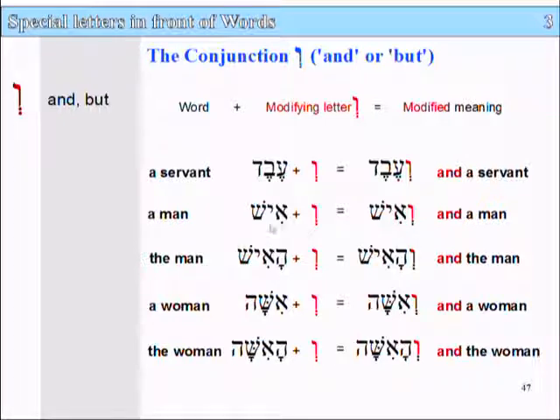So if we have the word ish and we add a Hey to it, it changes from a man, an indefinite word, to a definite word, the man. When we add the Vav to it, it means and the man. The Vav just means and.